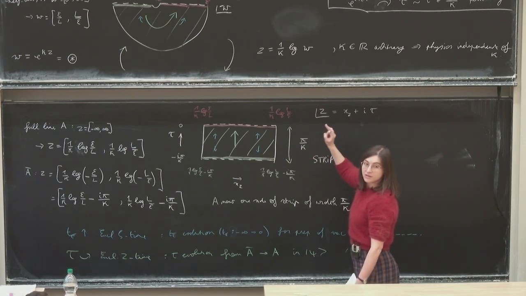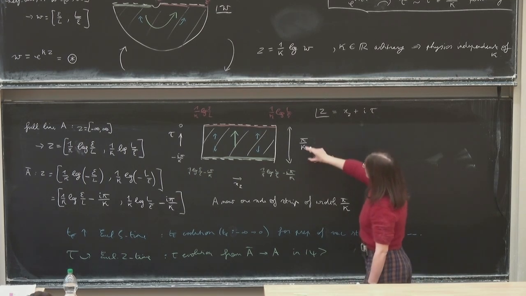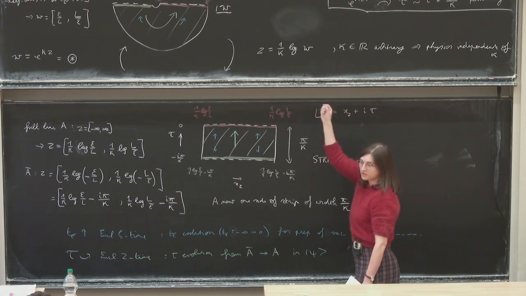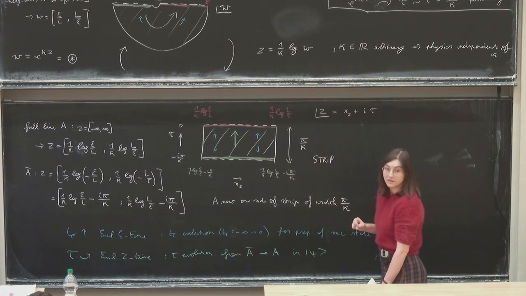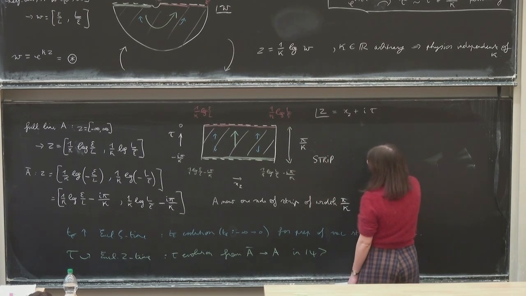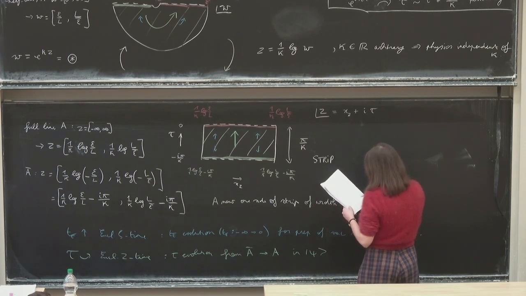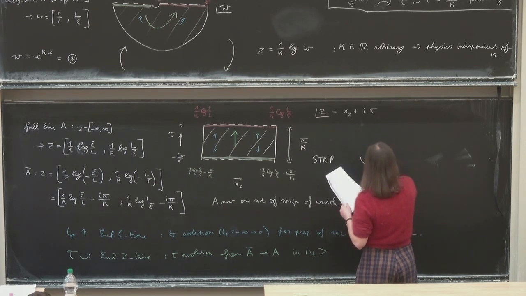This suggests another visualization of the strip, where you see this as half of a periodically identified structure, meaning the cylinder. So let me try to draw it.